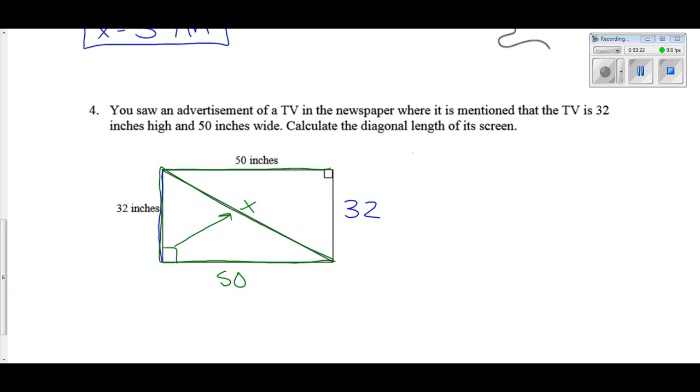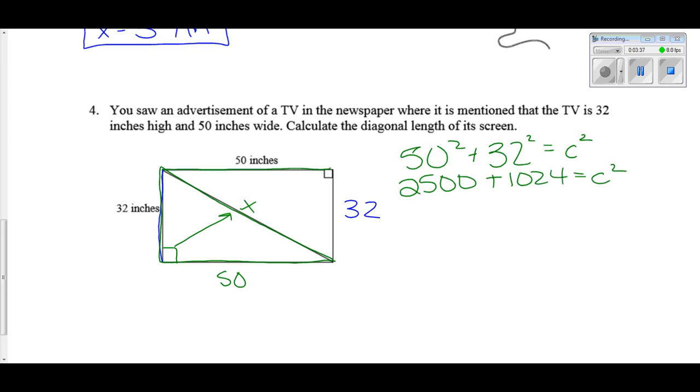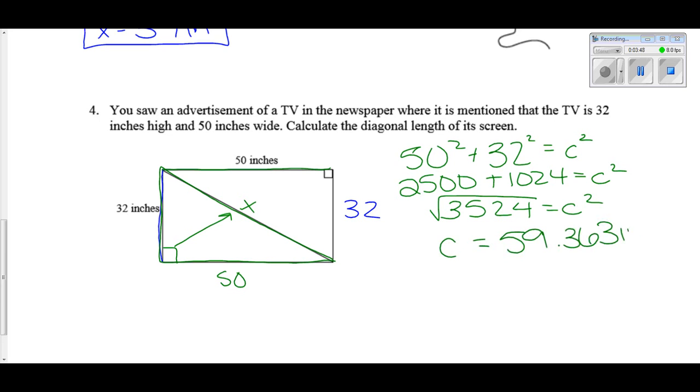So this should be 50 squared plus 32 squared equals c squared, which is 2,500 plus 1,224 equals c squared. So when I do all of that, I get that c equals 59.363 inches, which is also the square root of 3,524 inches.